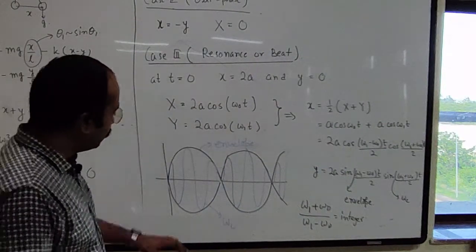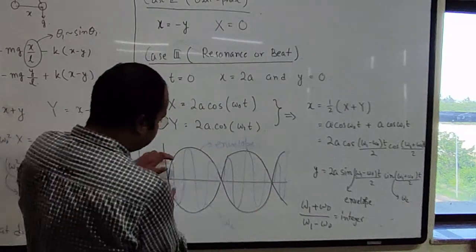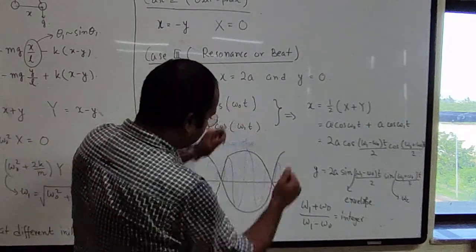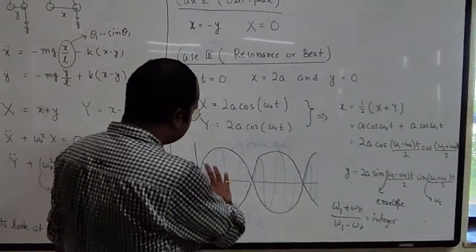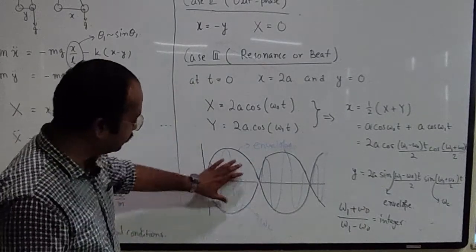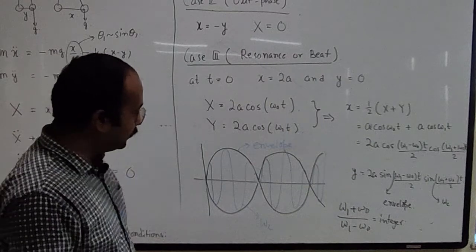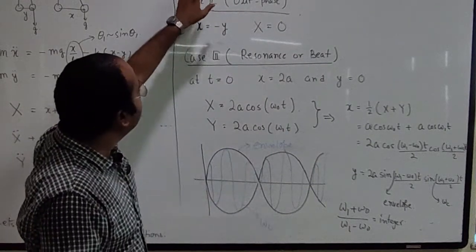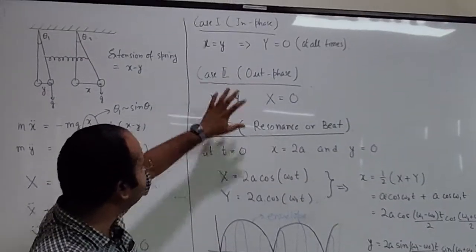So this is the phenomenon of beats, where you have an envelope frequency, which is the smaller frequency, and inside that smaller frequency there is a bigger frequency which goes like this.